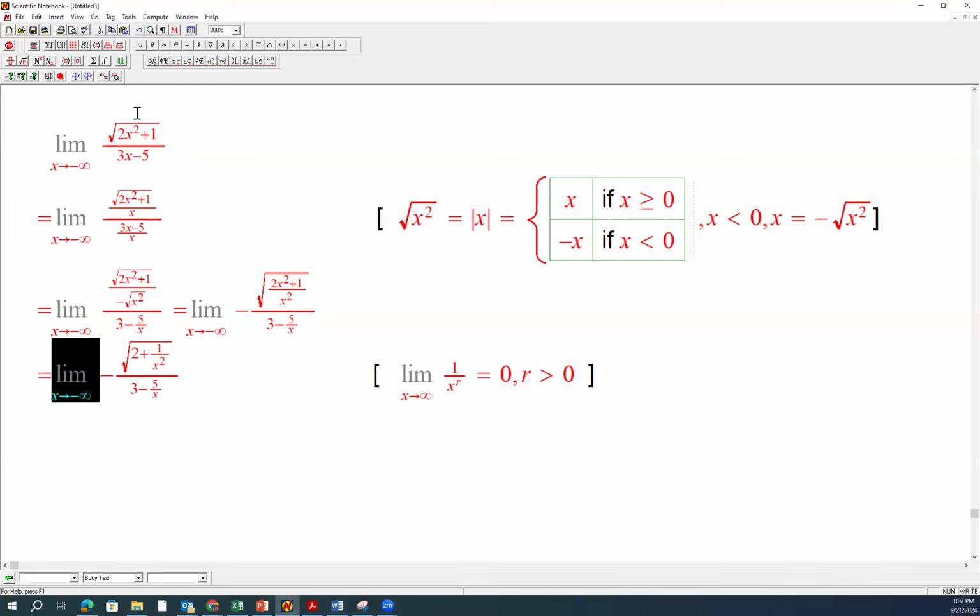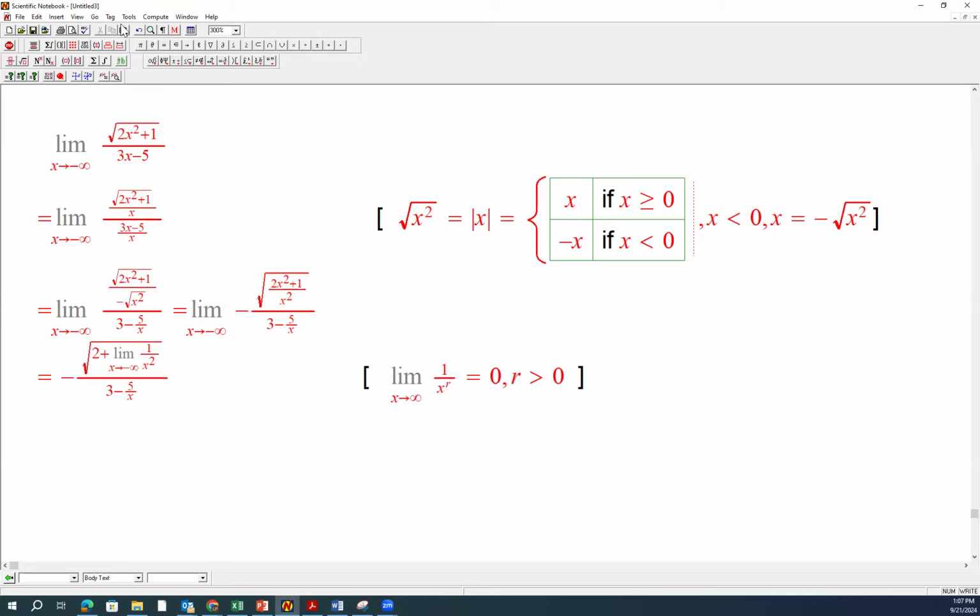Now we're going to apply limit law to each individual limit. Constant, we can just skip. And finally, this is going to be 0, and that's going to be 0. Approaching negative infinity is the same thing.